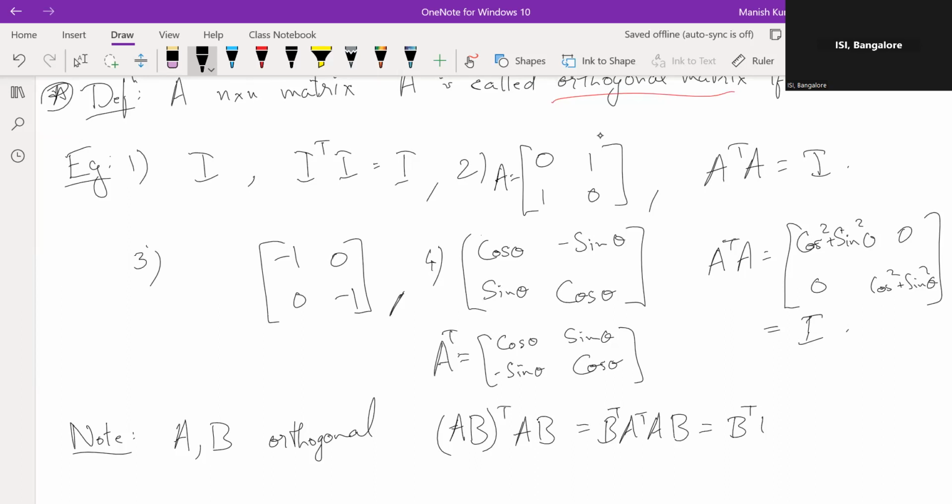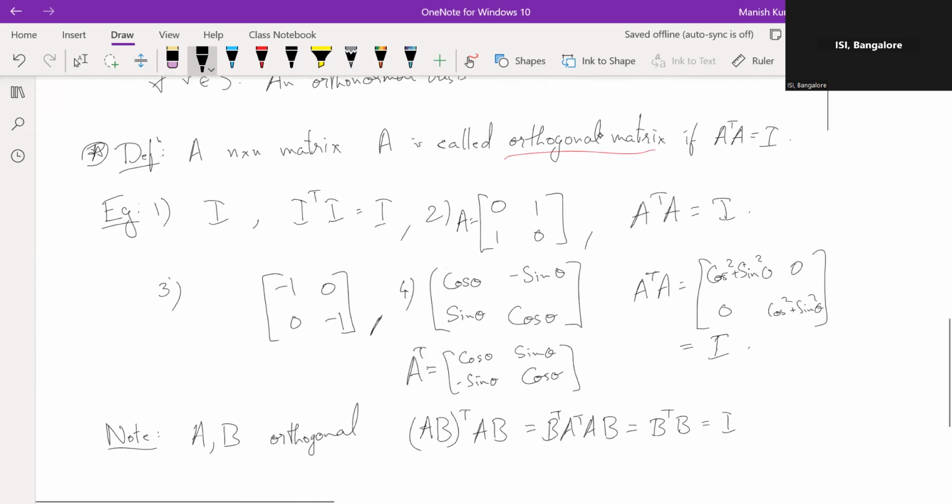So you get B transpose B, which is again identity. So the set of orthogonal matrices is closed under multiplication. It has the identity, so it forms a group, a subgroup of the invertible matrices.